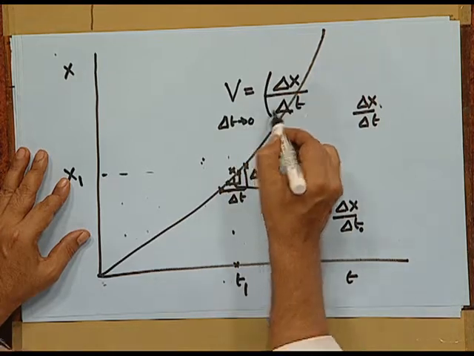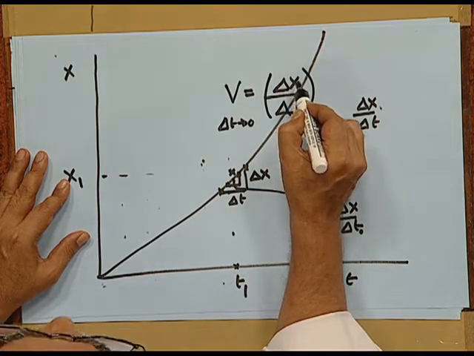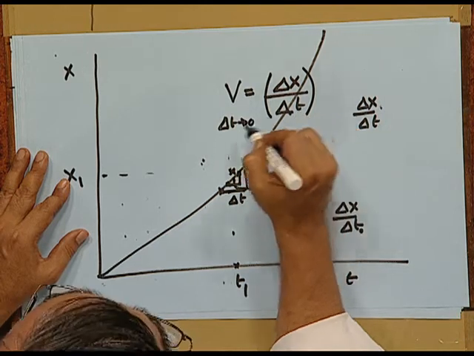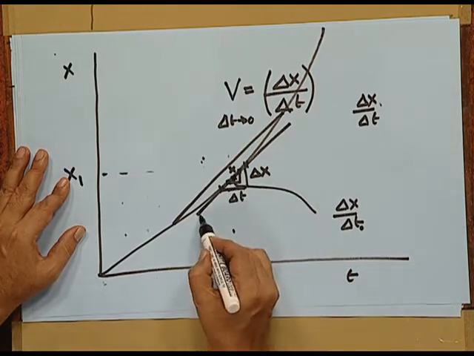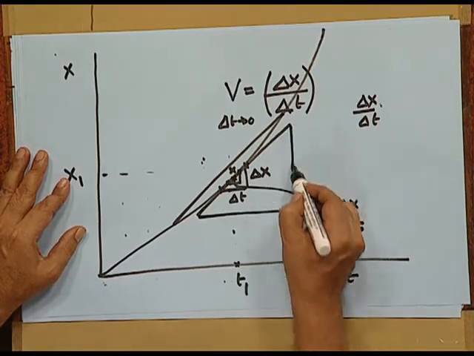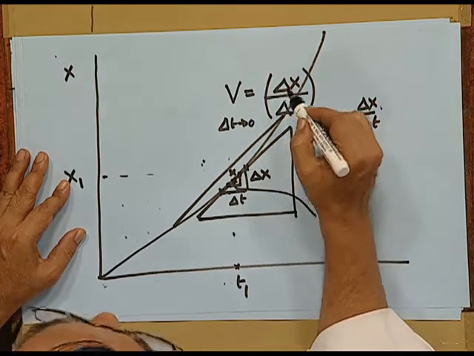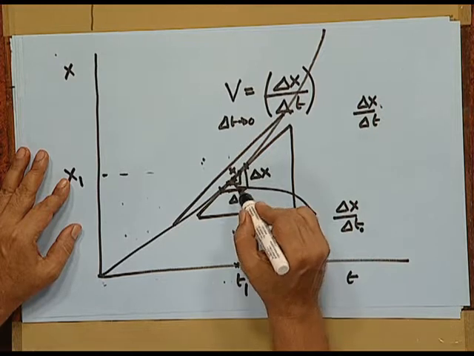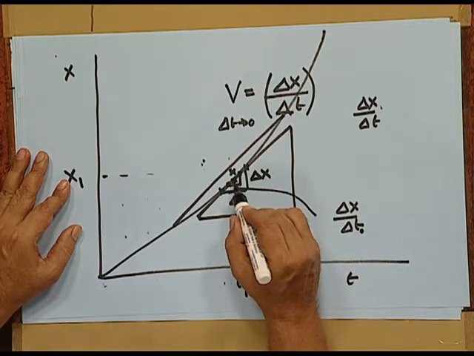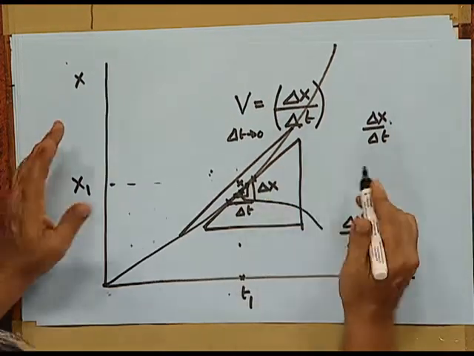In the graph, as you make the interval smaller and smaller, the line becomes a tangent, and the slope of the tangent is what we mean by instantaneous velocity. The slope of a tangent drawn to the curve at point P, whatever the point, gives the instantaneous velocity.